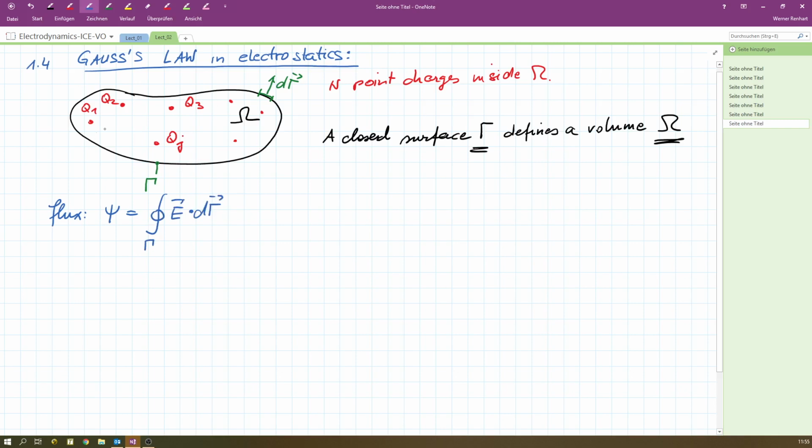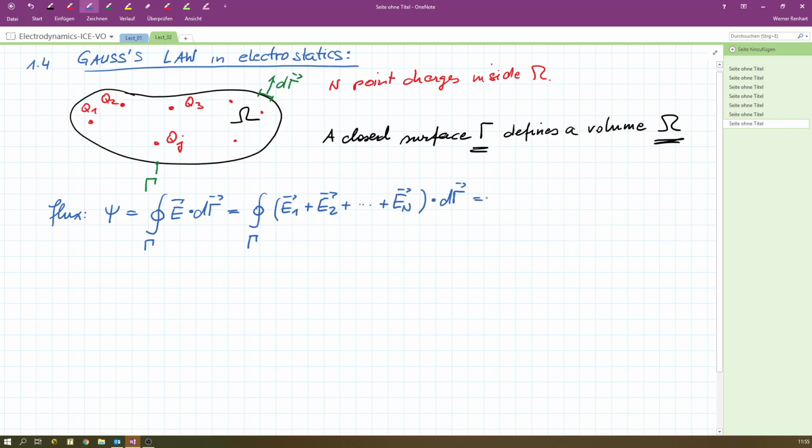We can also take advantage of superposition. This means we have to integrate over the whole closed surface gamma of E1 plus E2 plus up to En, dot d gamma.